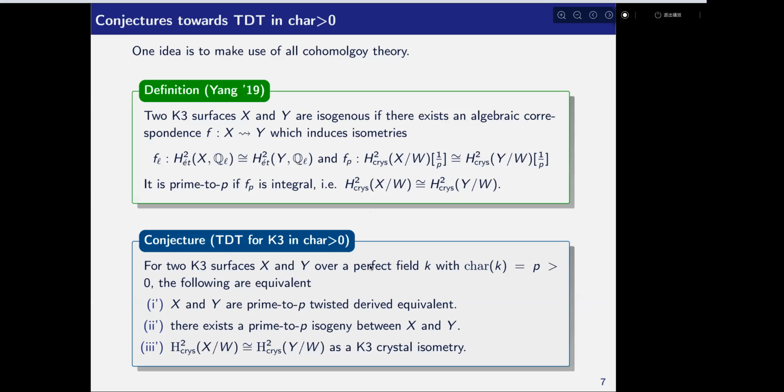That's the only case we worry about, which is why we add the condition prime to P. This is very natural in positive characteristic. But I can also say something if it's not prime to P but is separable. So this is the motivation.